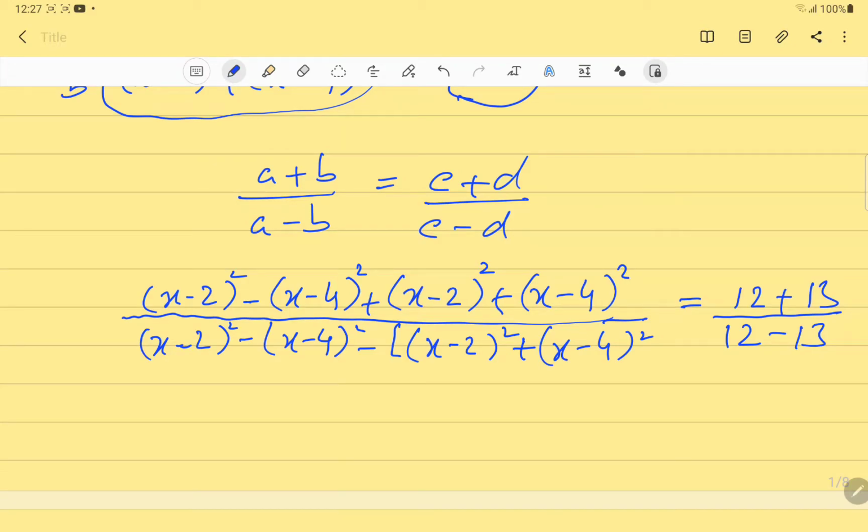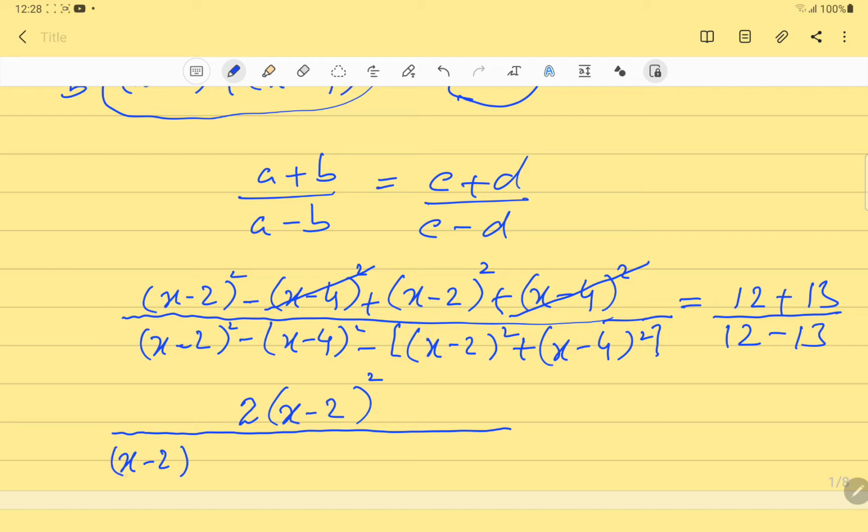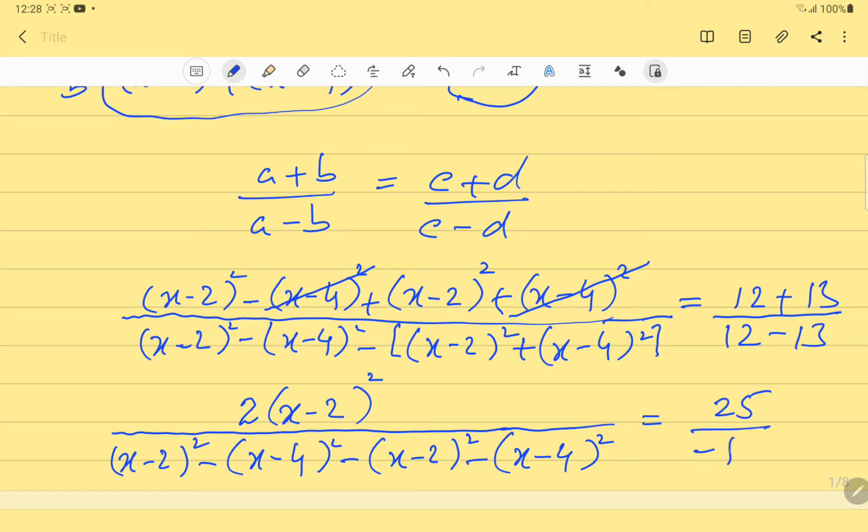So in the numerator, minus (x minus 4) raised to power 2 will cancel with this one and we are left with 2 into (x minus 2) squared over (x minus 2) squared minus (x minus 4) squared minus (x minus 2) squared minus (x minus 4) squared is equal to 25 over minus 1.